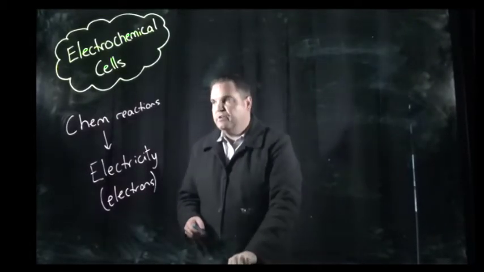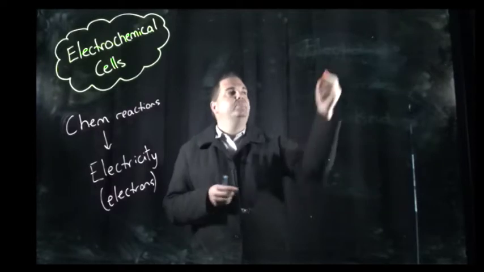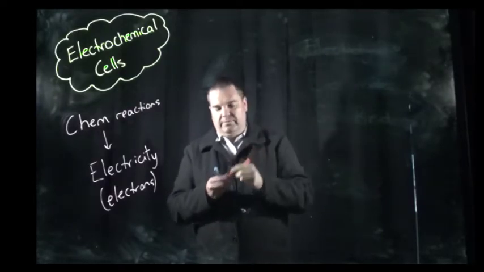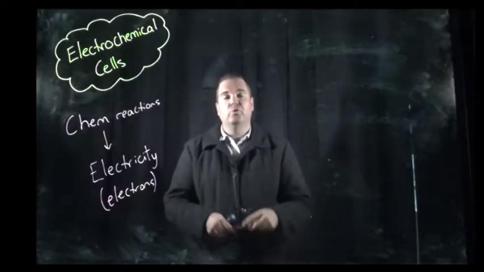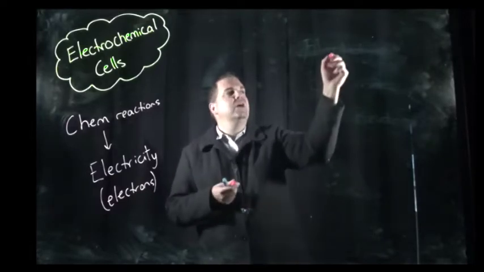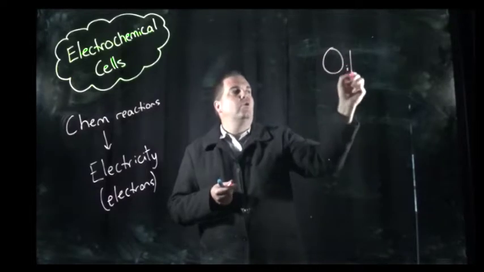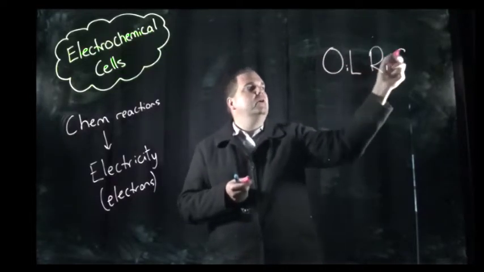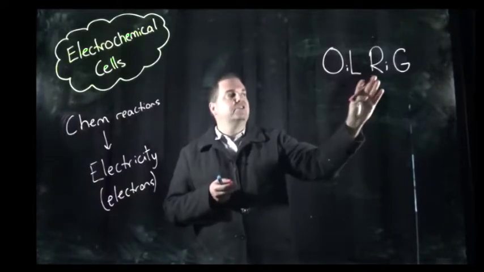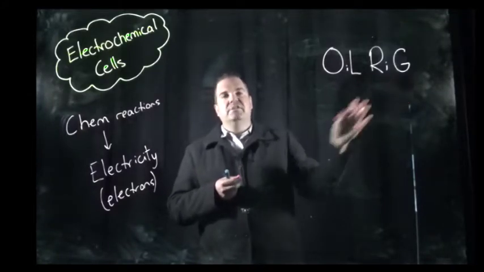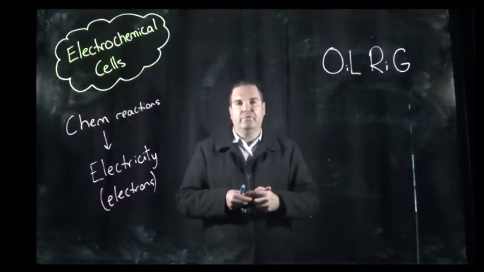The first acronym is the one that you should have known already from the half equations, and that's OIL RIG. Oxidation is loss of electrons, reduction is gain of electrons. You need to be able to understand that when we're looking at our half equations.